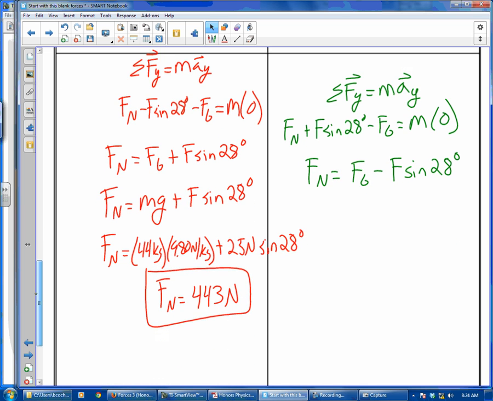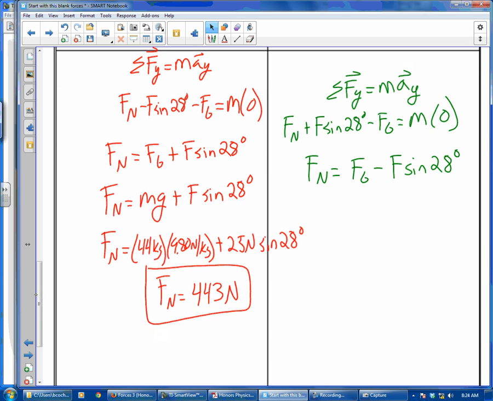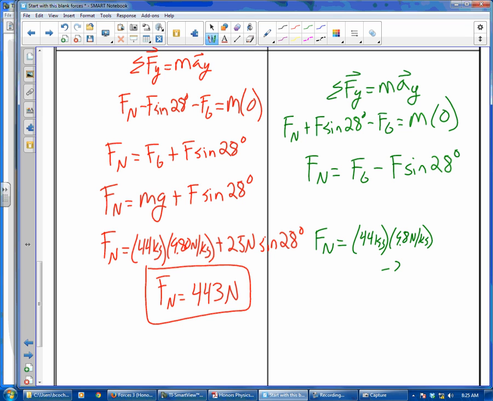And then you substitute in just like you did on the other side, and you're going to come up with a number less than 443, because you'll substitute in and have your 44 kilograms times 9.80 newtons per kilogram minus 25 newtons sine 28 degrees.